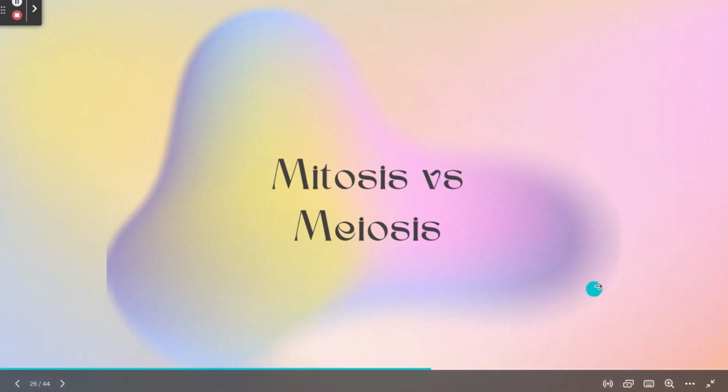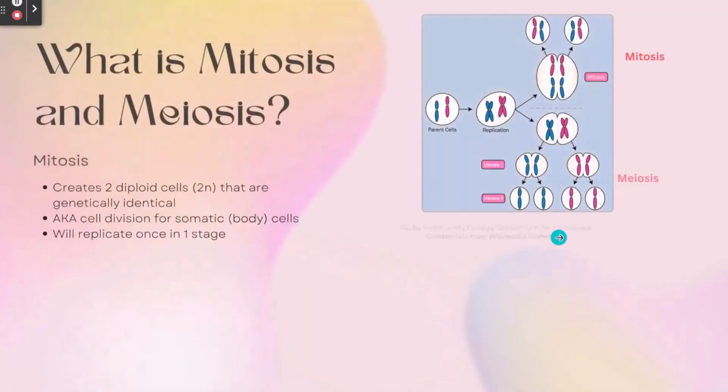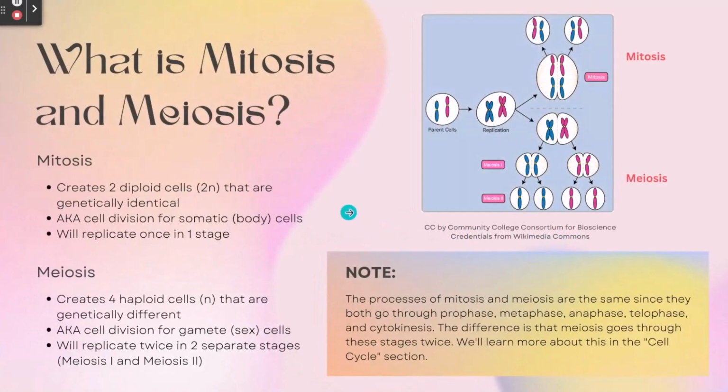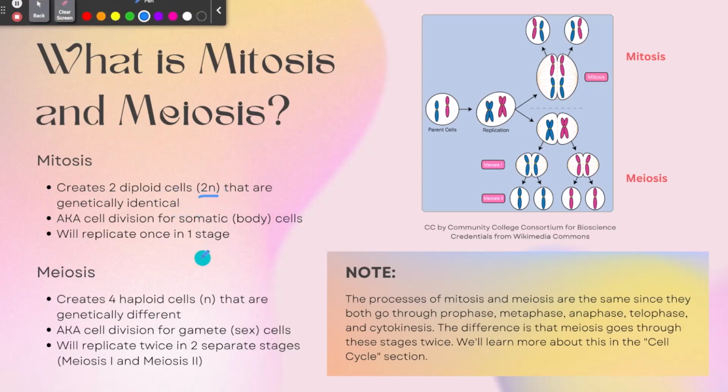Our next topic is mitosis versus meiosis. So, what exactly is mitosis and meiosis? With mitosis, it creates two diploid cells that are genetically identical, and this is represented by the 2N.